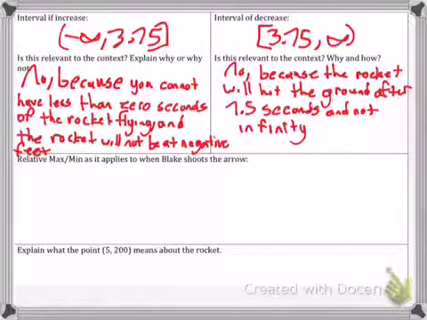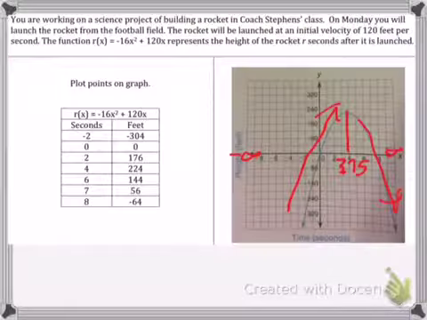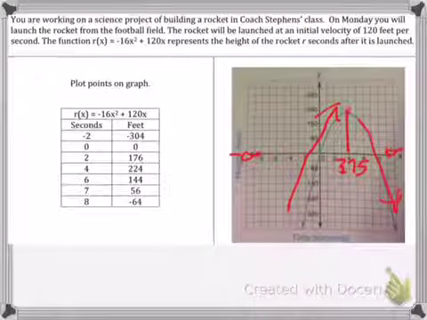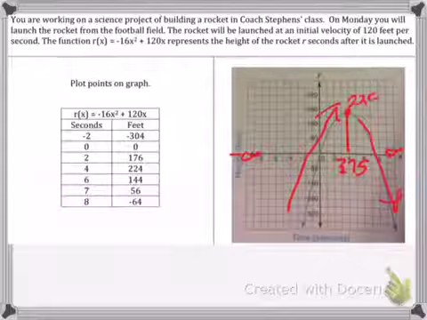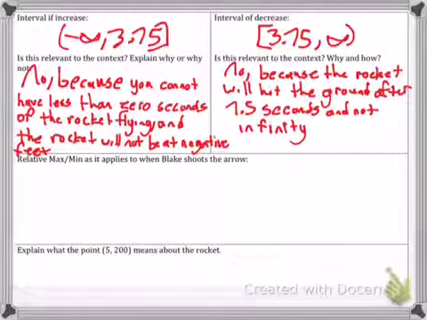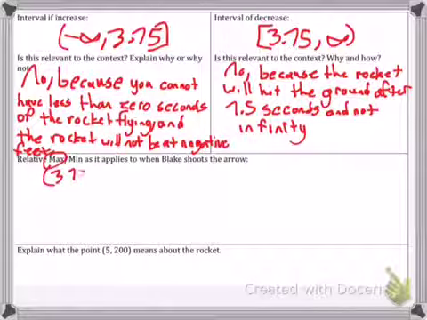The relative maximum, look back at our graph, it's our maximum point here at 225. Our relative maximum is, and it is a maximum, not a minimum, because it's a peak, at 3.75, 225.